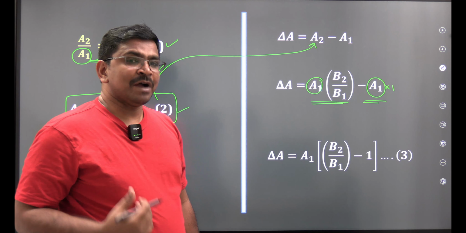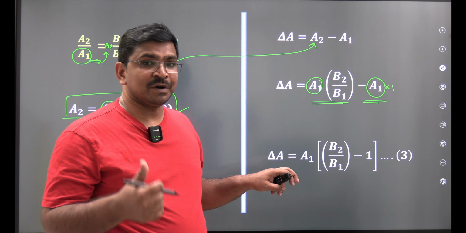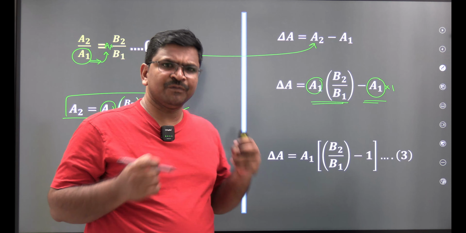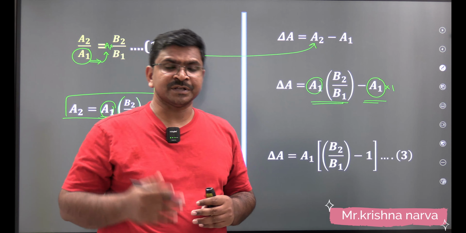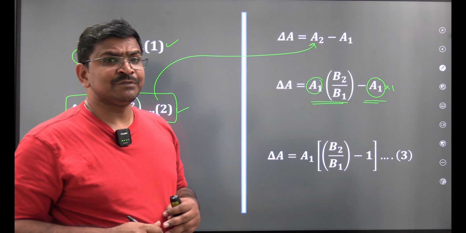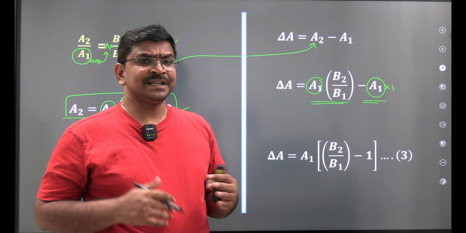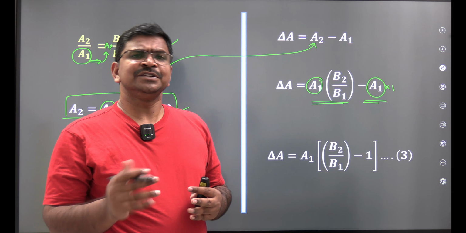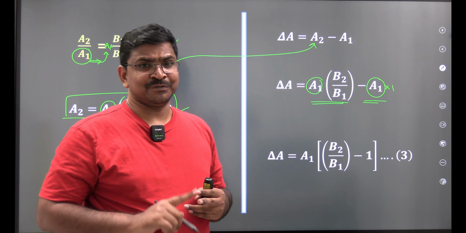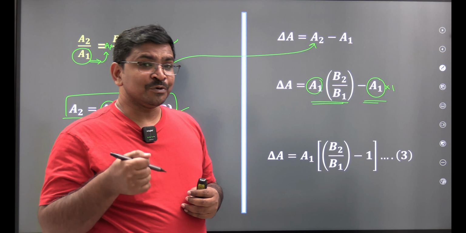Suppose I want to compare the change with the original quantity. How much change compared to the original? This will be helpful for you to estimate the loss or gain. Suppose you get a 1 rupee loss for an investment of 10 lakhs, how can you know whether it is a serious loss or a negligible loss? For the same 1 rupee loss, if the investment is 2 rupees, how can you know?